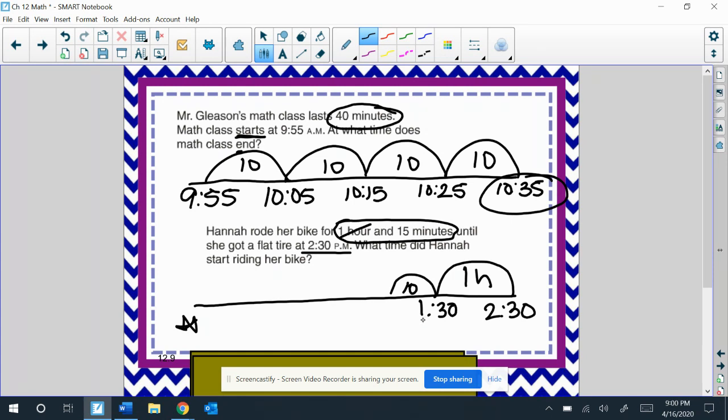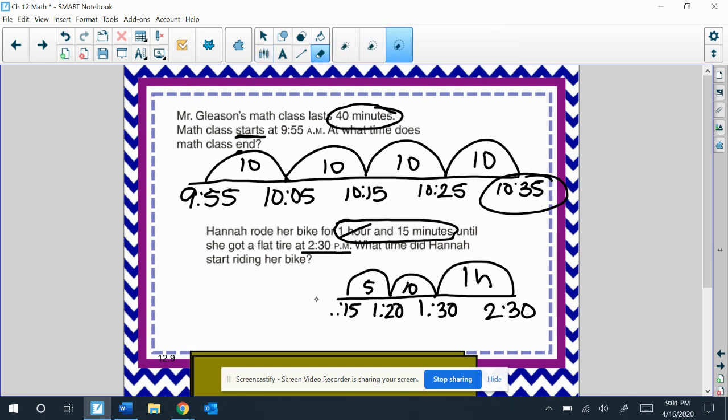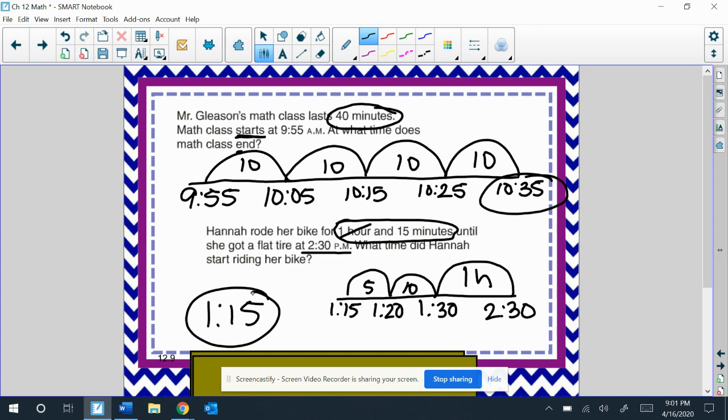I don't need to touch my hour hand because I have minutes. 30 minus 10 is 20. Well, 10 and I need to get to 15, just 5 more. Don't touch my hour hand, just my minute. 20 minus 5 is 15. My answer, because I didn't even need to use the whole line, is 1:15. She started at 1:15.